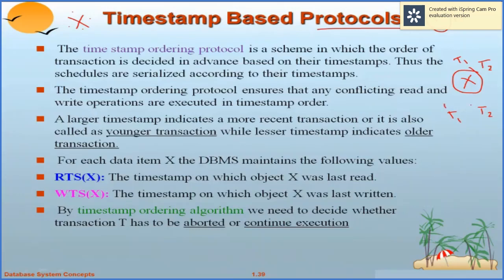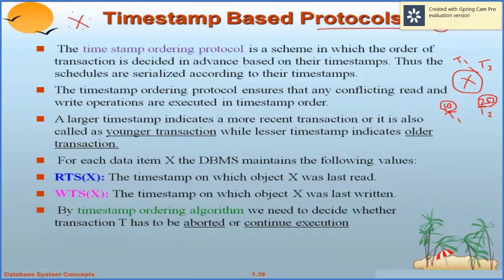Let it be 10, and on the second transaction let the value be 20. I've just fixed some integer values on each of the transactions. Now find out which transaction has the least value. Obviously transaction T1 has the least value, that is 10, and transaction T2 has the highest value, that is 20.